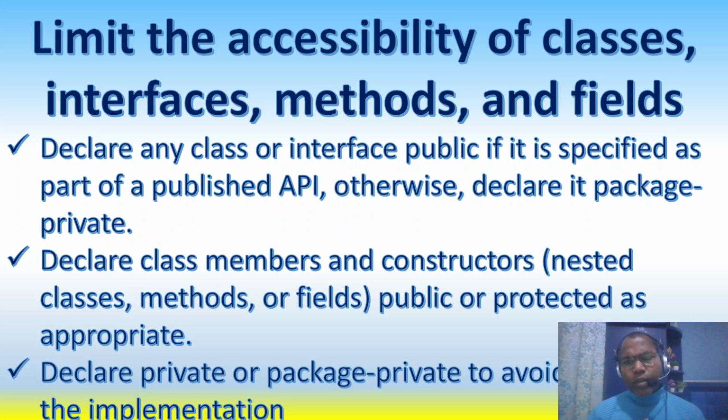Whenever you are declaring any interface, method, or field, we have to ensure the accessibility, that means whether the variable, the class, the interface is public, private, protected, or default. As a thumb rule, always go with private until it is really needed for a specific purpose to make it public. If a class or interface is really needed by a different module, different methods, or a different microservice call, then make it public.